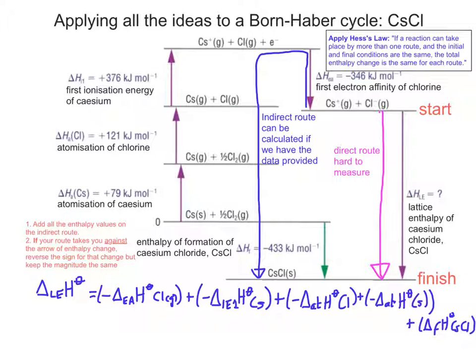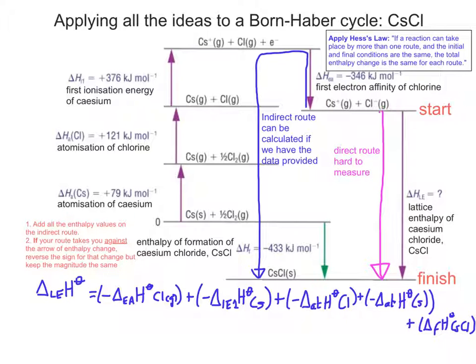So let's have a think carefully, just for a moment, about how I'm going to work out the lattice enthalpy. If you look at where I've labelled the start and finish points in the Born-Haber cycle, I can't work out, or measure, the direct route. We've established that already. So by doing the indirect route, what I'm doing is I'm adding all the enthalpy values as I go, but look at the second point in the bottom left hand corner.